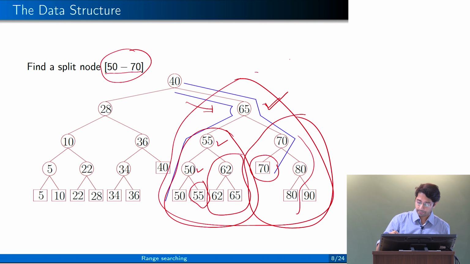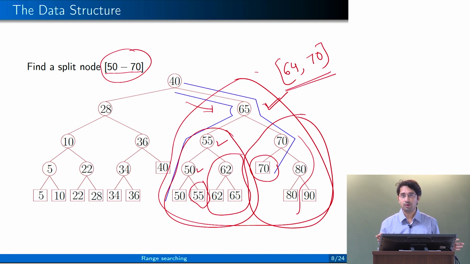Even if I have my query as 64 to 70, 65 still becomes my split node, because the query expands in both ways from 65, and standing at 65 I do not know whether 64 is inside or not. Clear how I am finding the split node?